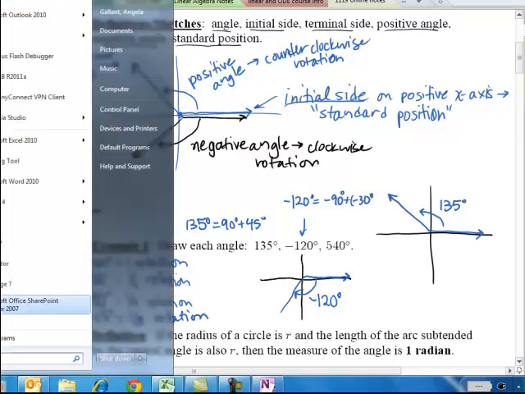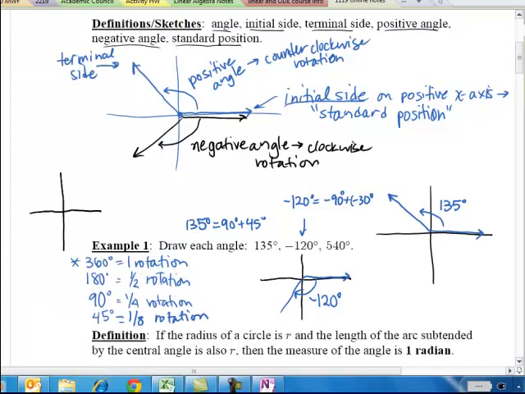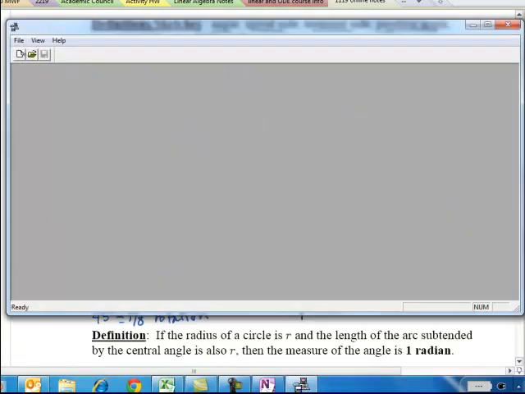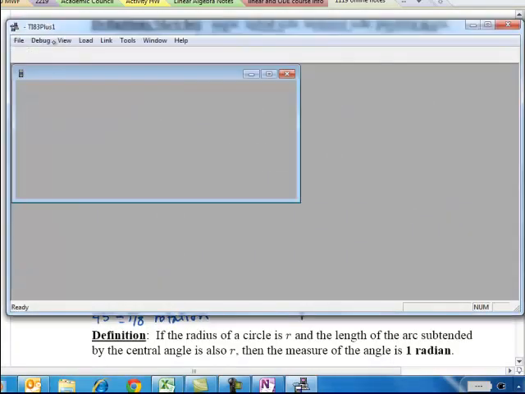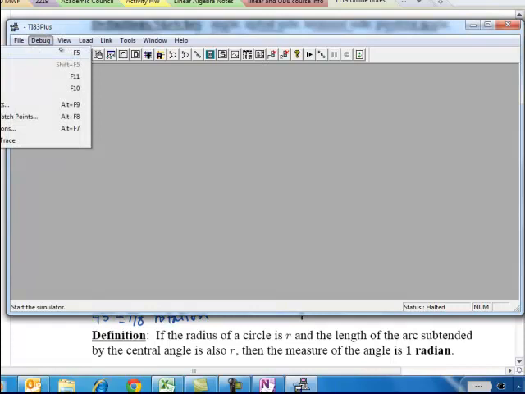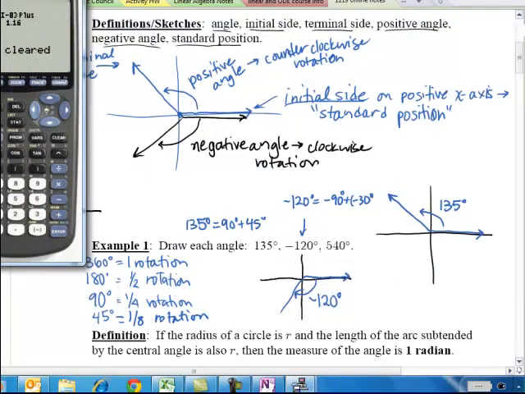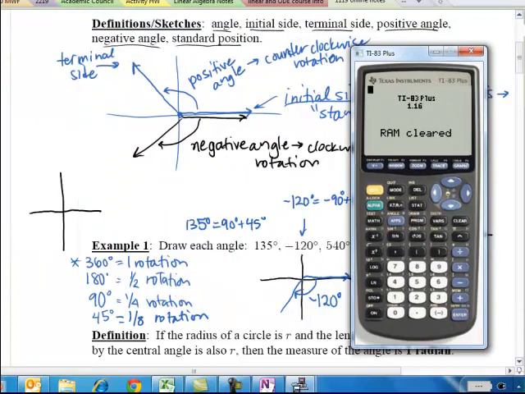I'm going to get out my calculator and figure out 540 minus 360. You could probably do that in your head, but if you can't, just grab a calculator. So we've got one complete rotation and then 180 degrees more than that.